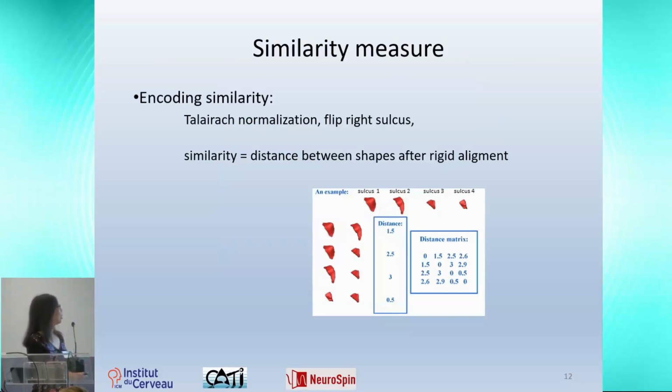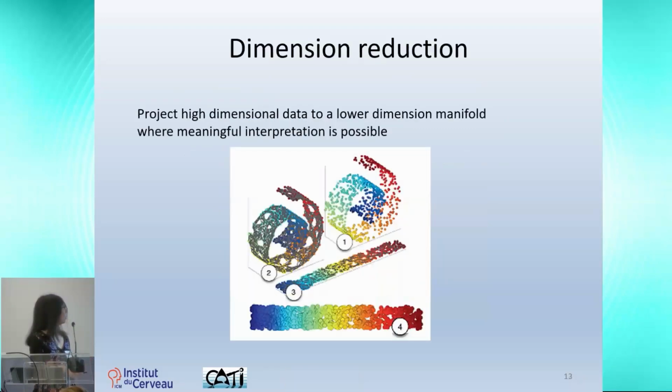When the folding shapes are very similar, the distance will be small, and when very different, the distance will be bigger. And the idea is simply to do a dimension reduction so that we project this data from a higher dimension to a lower dimension, so that we can have some meaningful interpretation of the variability.